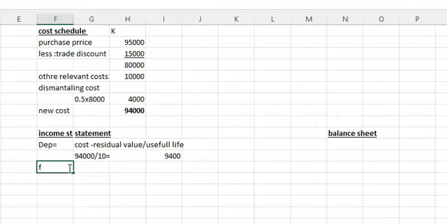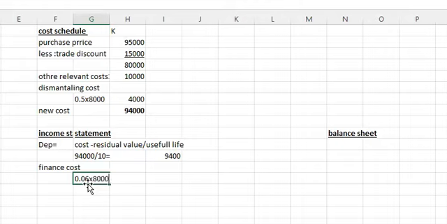Again, what else goes into the income statement is the finance cost. So the finance cost is 0.06 multiplied by 8,000.